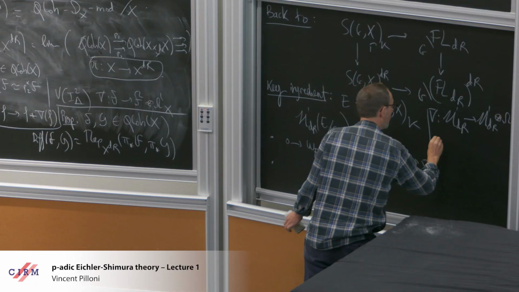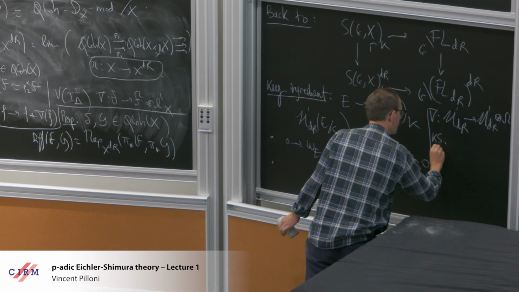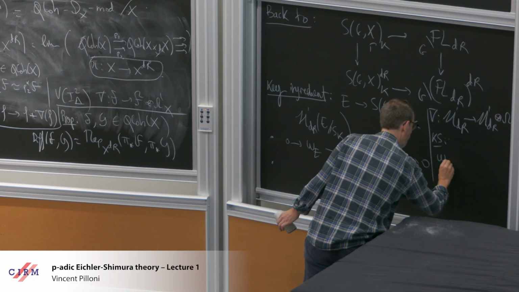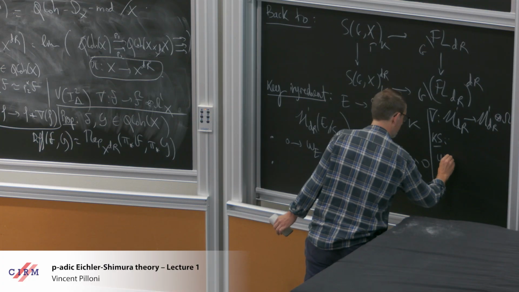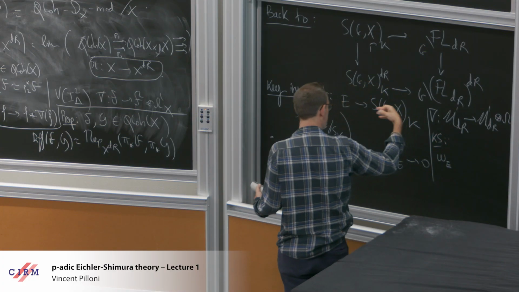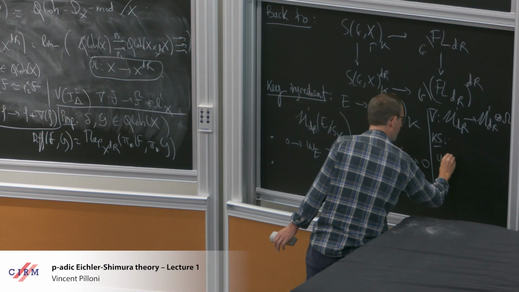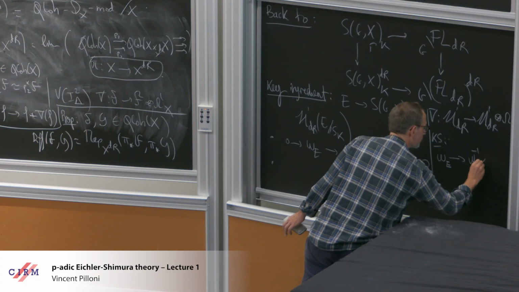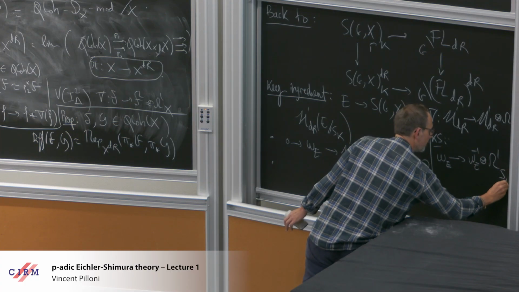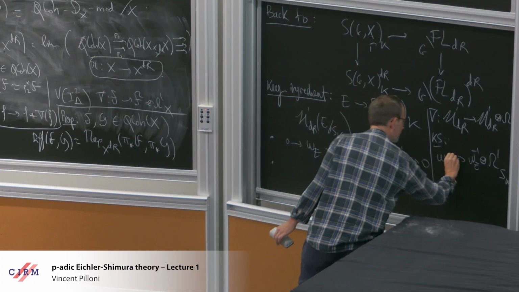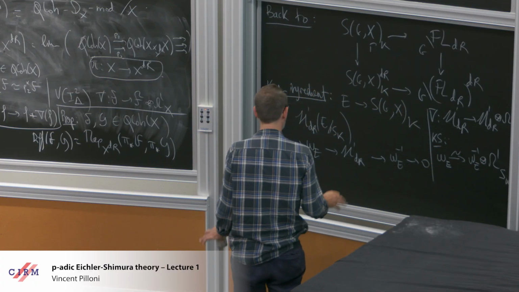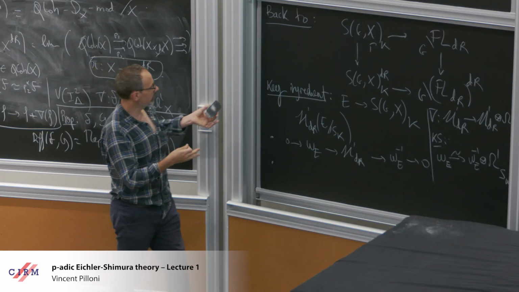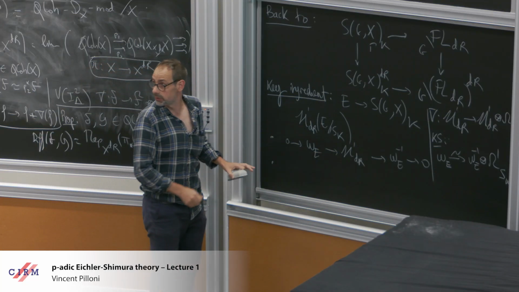This connection satisfies Griffiths transversality, and therefore you get a linear map from omega^k to omega^(k-1) tensor Omega^1_SK, and that map is an isomorphism. This is called Kodaira-Spencer. So actually this diagram being Cartesian will be equivalent to all these ingredients.